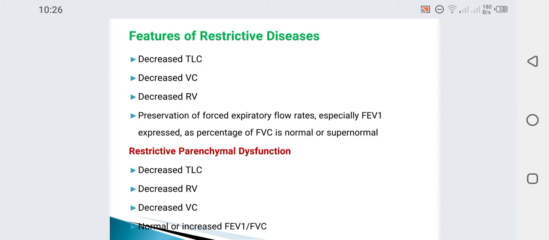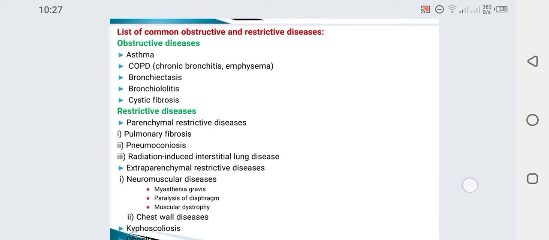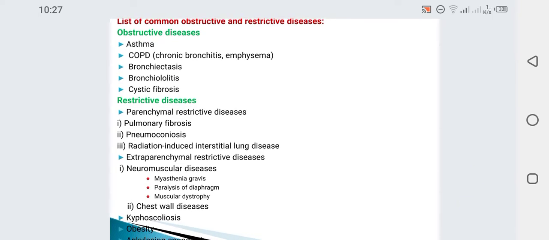Now come to the features of restrictive disease. There is decreased total lung capacity, decreased vital capacity, and decreased residual volume. These are the common obstructive and restrictive diseases. Obstructive diseases include asthma, COPD, bronchiectasis, and cystic fibrosis.